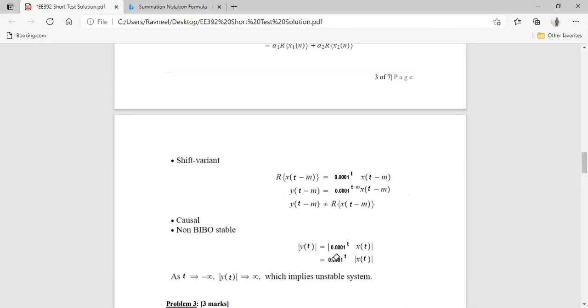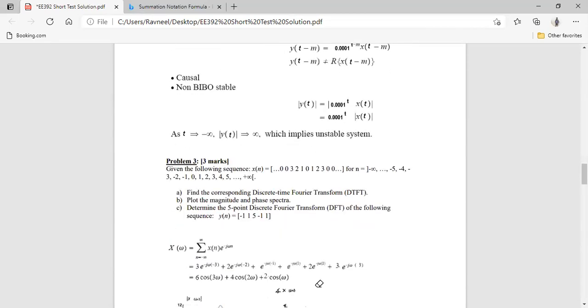If we bound the input, we can see that this particular part approaches 0.01, approaching positive infinity. It is bounded, right? It approaches 0. While going towards negative infinity, it is not bounded, right? It will be just growing without any bound. While towards the positive side, it is bounded by 0. So based on that, since it is diverging, the system is not stable.